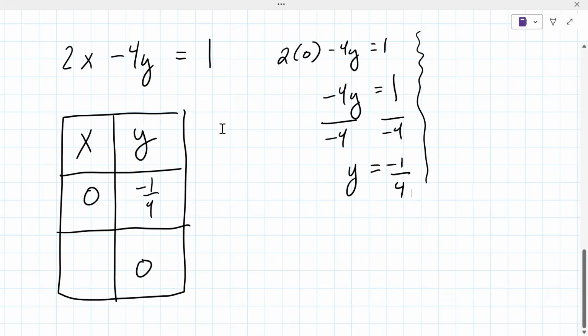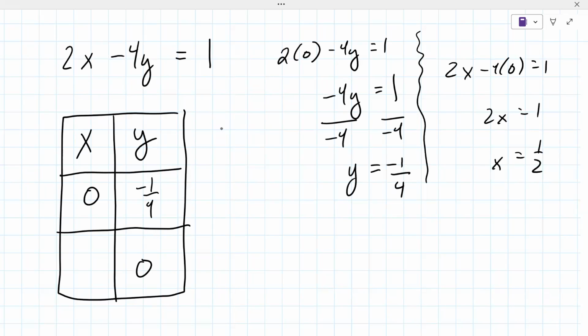Okay. Would it be 1/2? 2x minus 4 times 1, x equals 1/2. You got it.